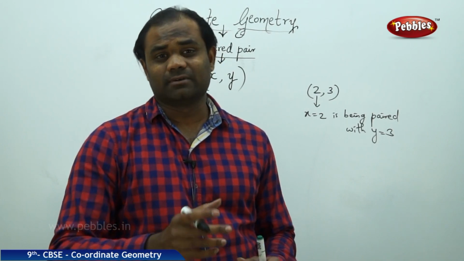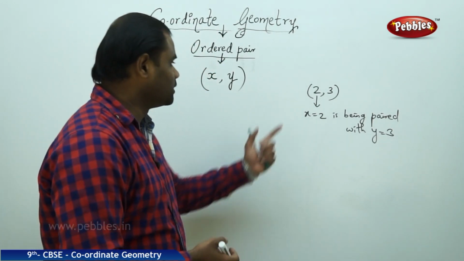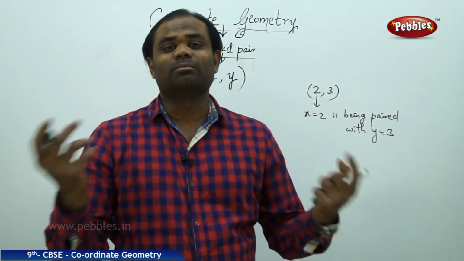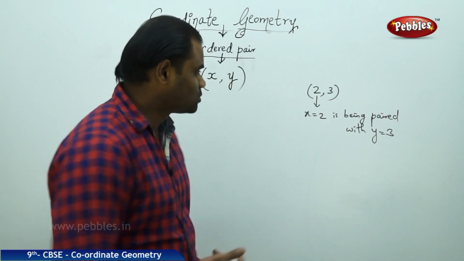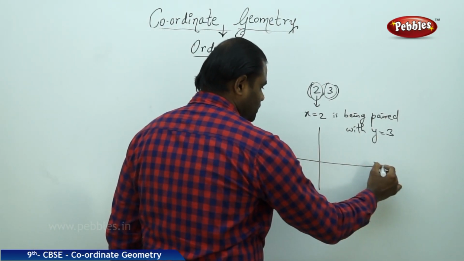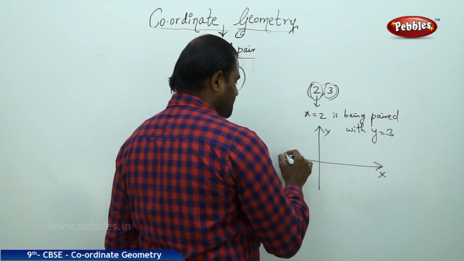Every pair has a certain relation, and here the relation is that these 2 coordinates pair to form a point. So these 2 coordinates x and y are paired to form a point in the Cartesian plane.